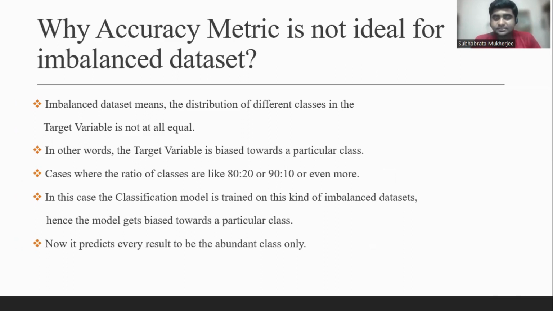The classification model is trained on this kind of imbalanced dataset, and what will happen? Our model will be biased towards a particular class. As we are training the model with an imbalanced dataset, our model will be biased towards the abundant class only. It will not have the quality to predict any result to be the other class.